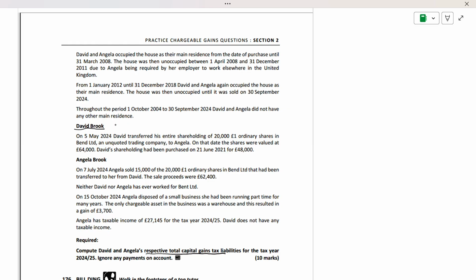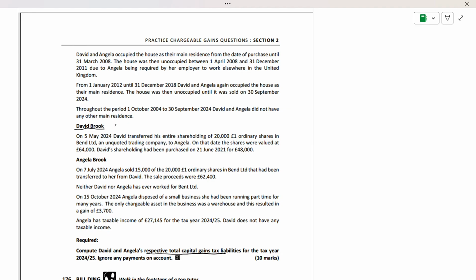The sale proceeds are 62,400. Neither David nor Angela has ever worked for the company. On 15th October, Angela disposed of a small business she had been running part-time for many years. The only chargeable asset was a warehouse, and this resulted in a gain of 37,000.